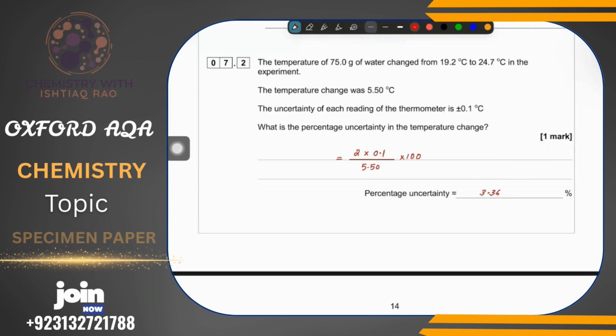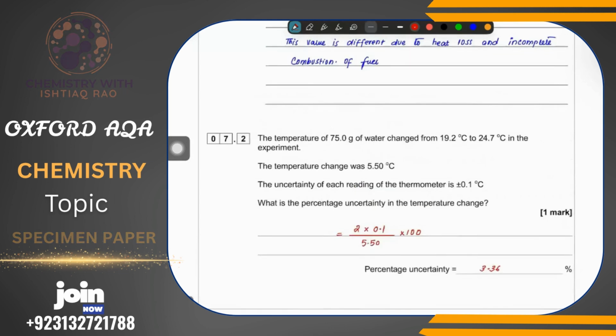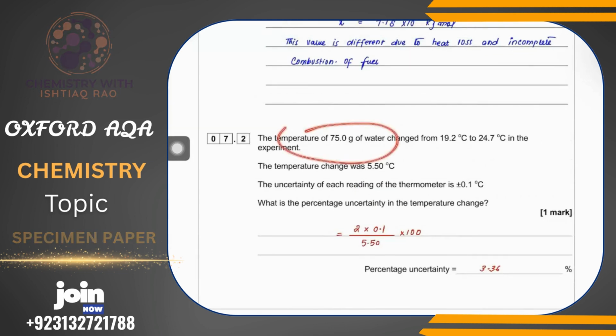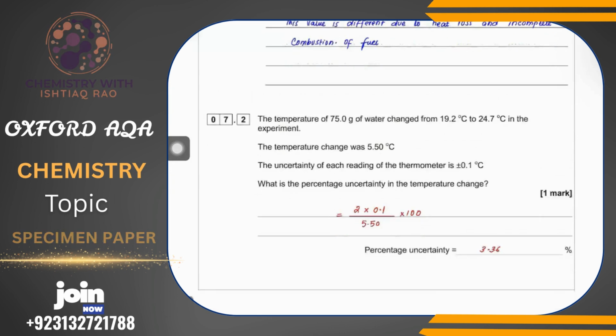First of all, you can see the mass of water is 75 grams. In general, when you increase the denominator, the percentage uncertainty will decrease, isn't it?